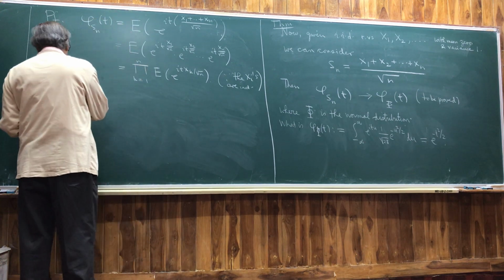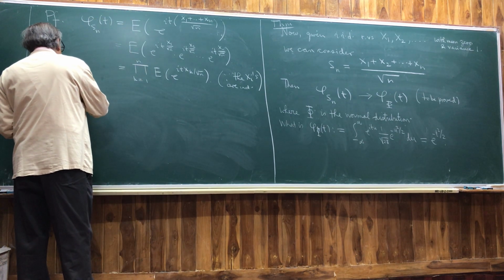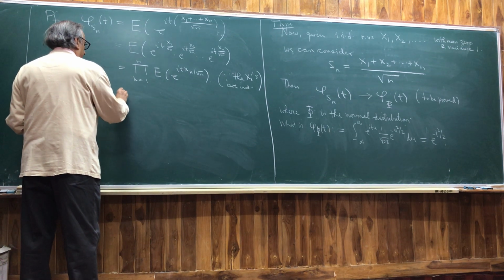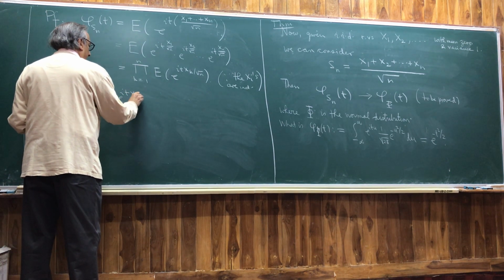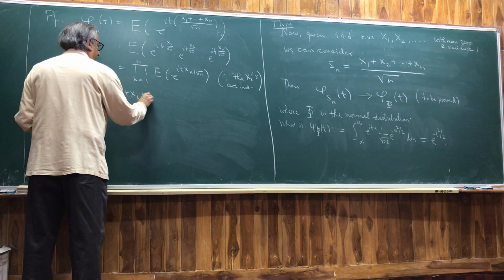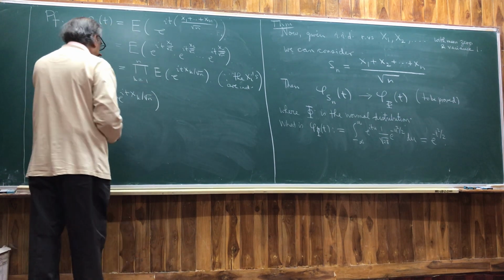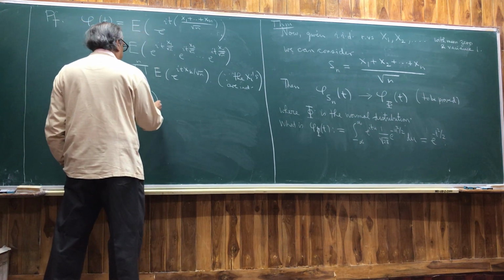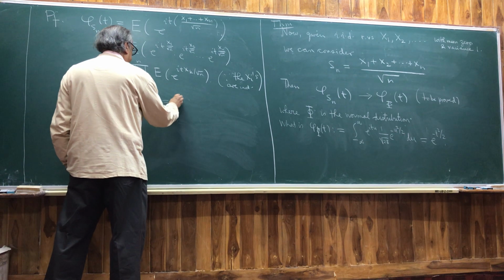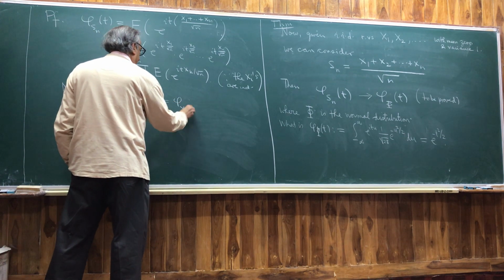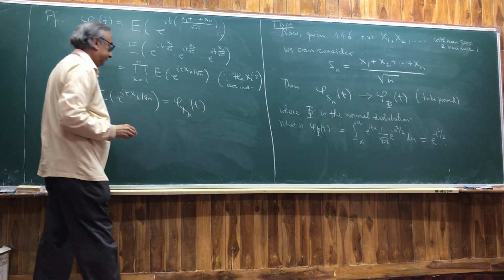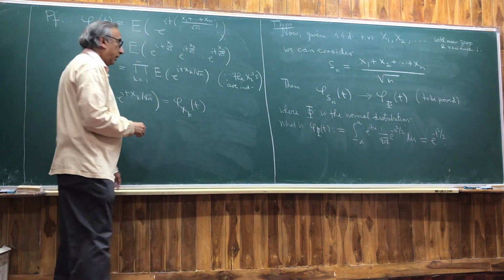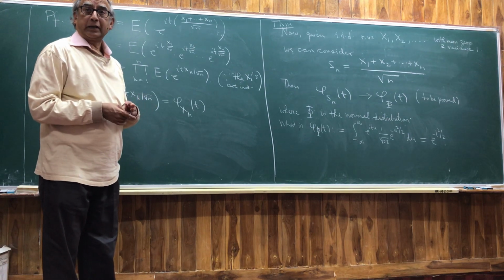Okay, now the expectation of e to the i t xk over root n is what? Well, this is the characteristic function of xk at t. And now we'll play the Taylor series game.